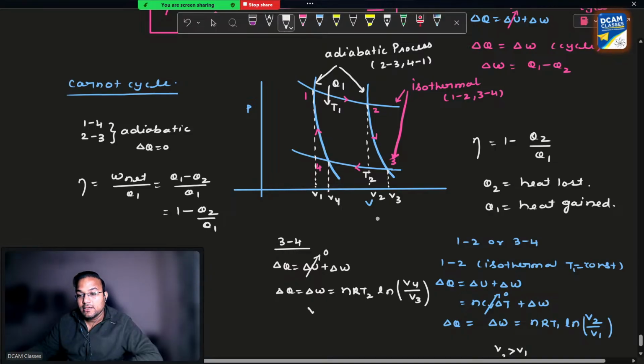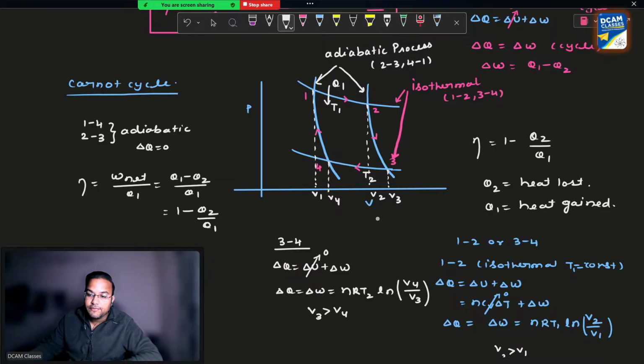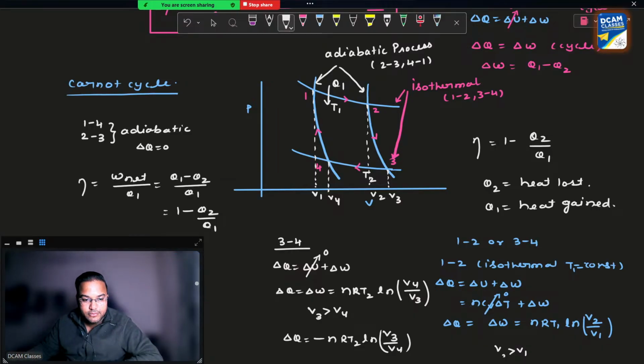But here V3 is greater than V4, so I'll make V3 above. So delta Q will be equal to minus nRT2 ln V3 by V4. When I take the reciprocal, I'll have to put minus 1 above, and I take minus 1 outside. Okay, now you know the logarithms.